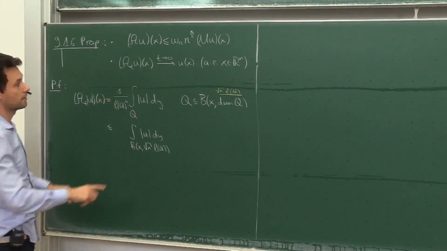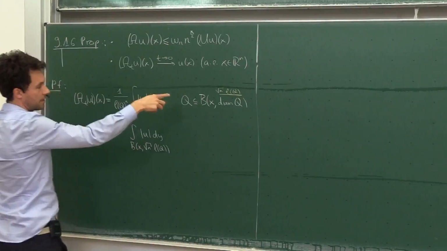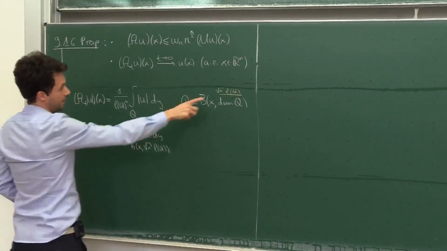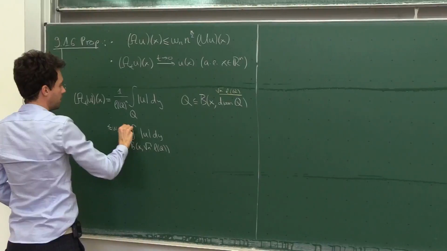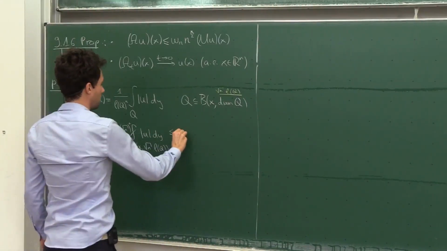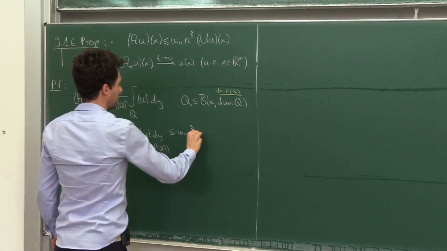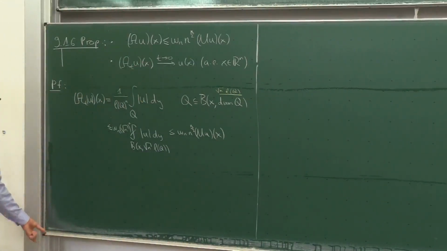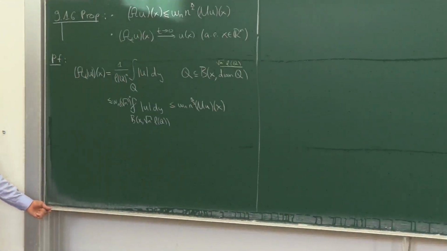I'm just missing the constants that come in the measure of this ball, so I'm just missing omega_n, and then I'm missing square root of n to the n. And then you see this is an integral average on a ball, so it's controlled by the same number times the Hardy-Littlewood operator. And that's it. Yes, please.